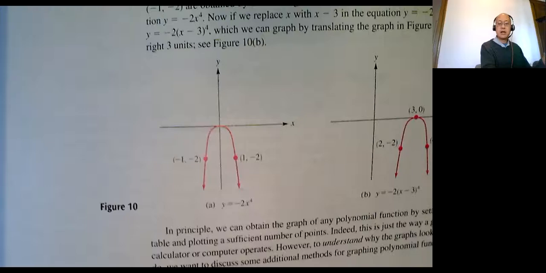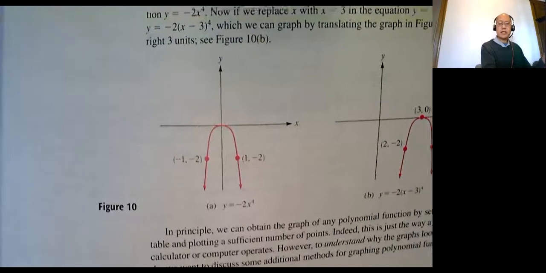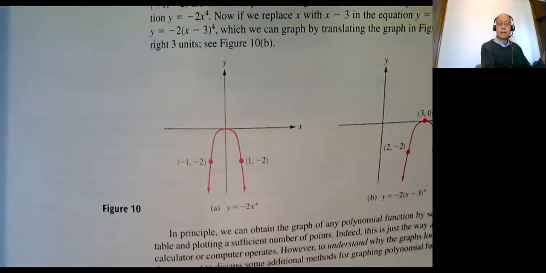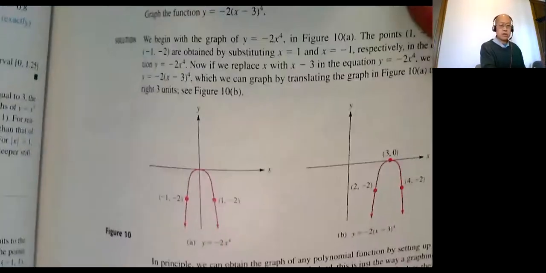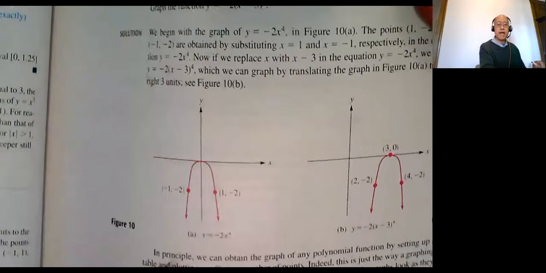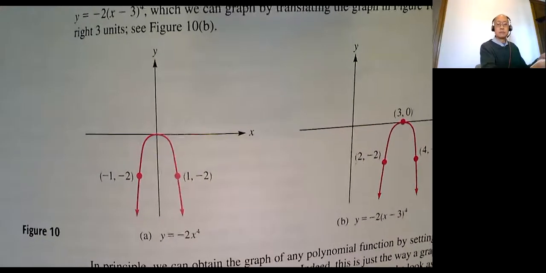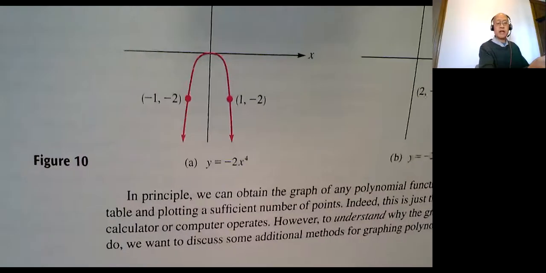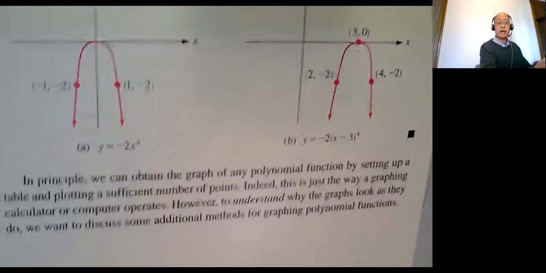Figure 10, negative 2x to the 4th. Okay, positive 2x to the 4th would go up. The negative makes it go down. And then look over here. What's the difference between figure 10A and B?